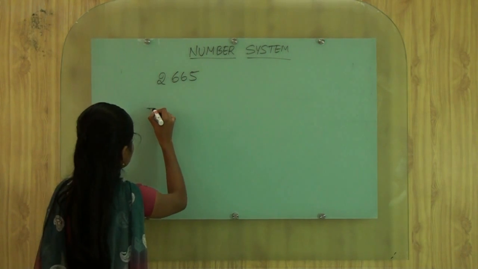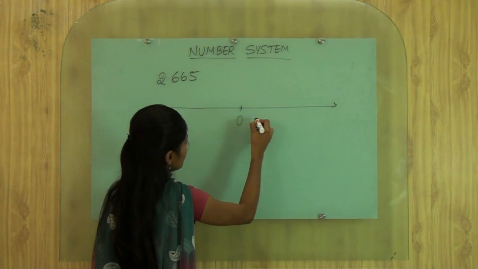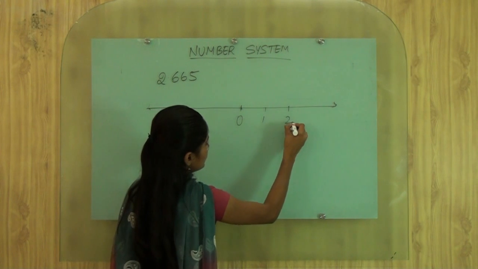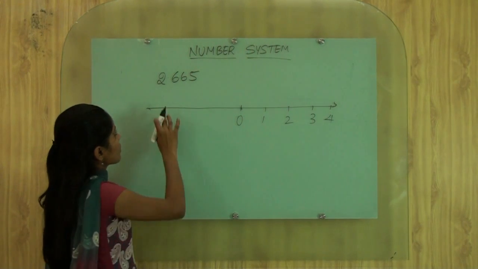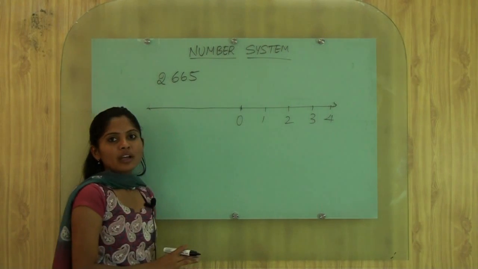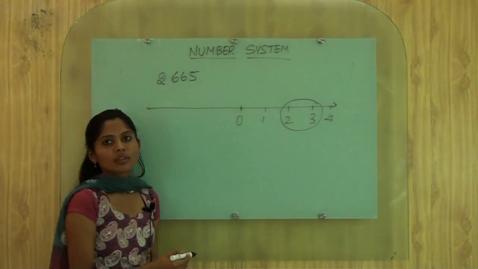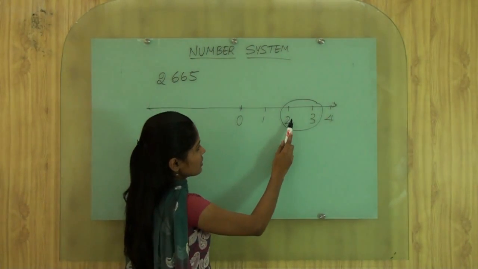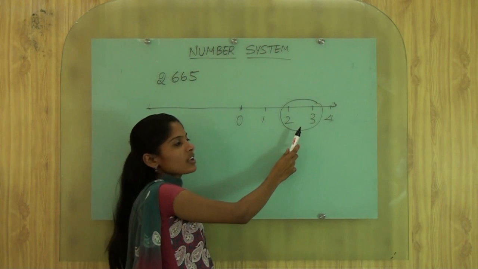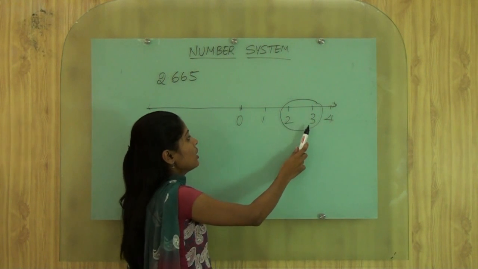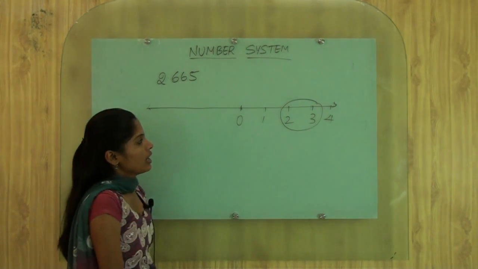First step is, take a number line, take 0, 1, 2, 3, 4. 2.665 of course lies between 2 and 3, because 2.665 is greater than 2, and it is less than 3.